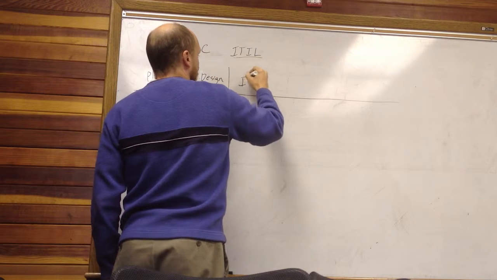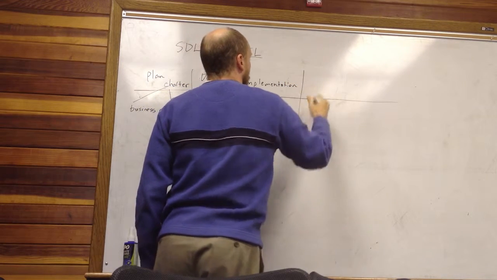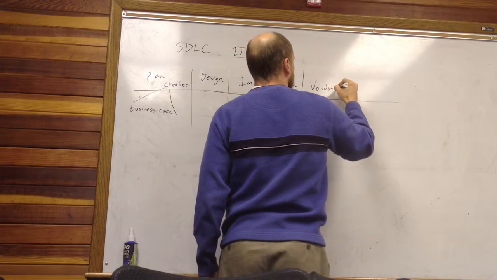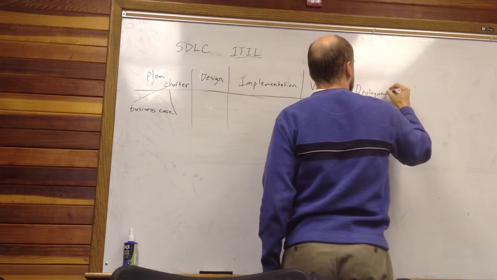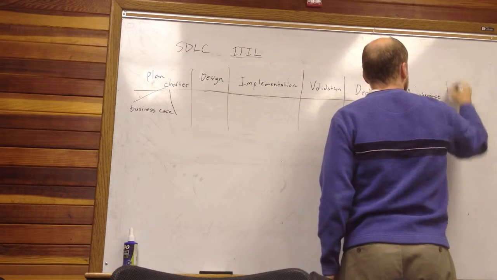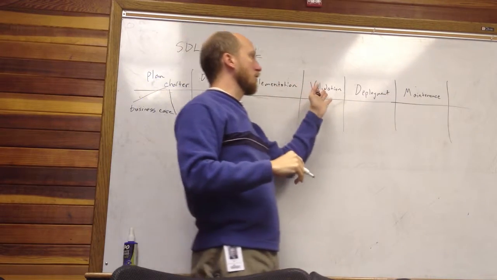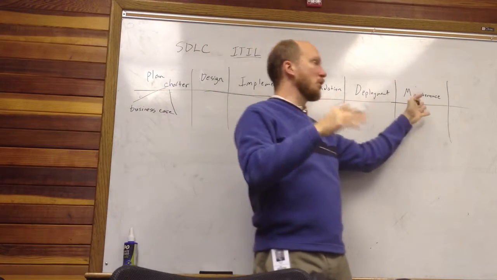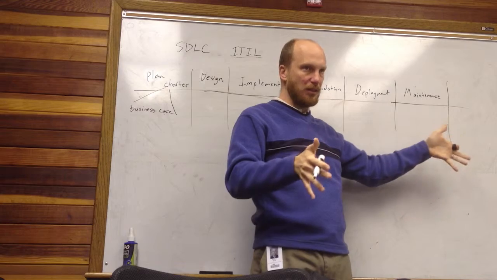We're going to get into the implementation. We're going to get into the validation. So we'll do validation, which is testing, deployment, where we get it in the customer's hands, and then we do maintenance, where we're correcting stuff in that.